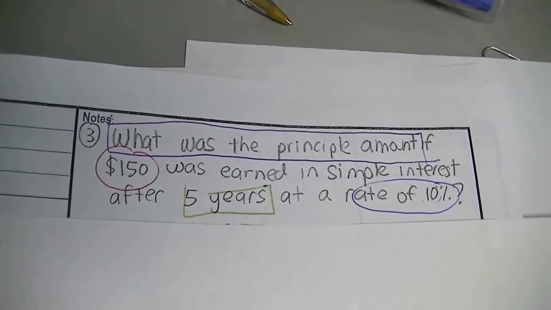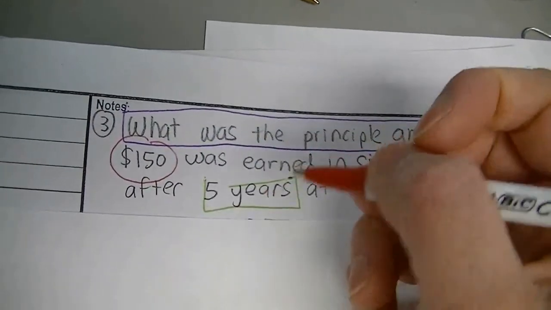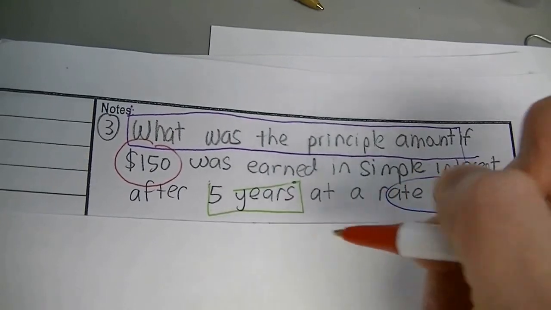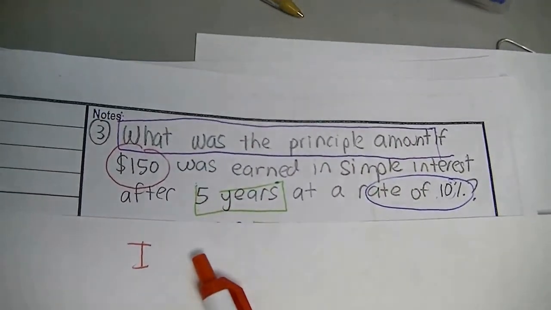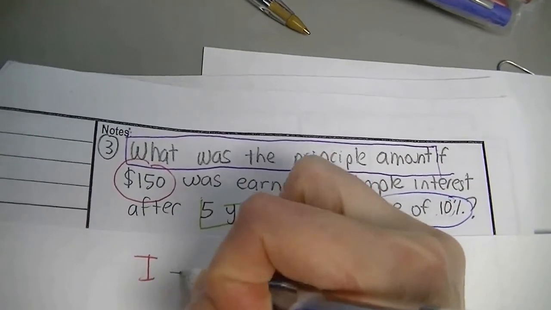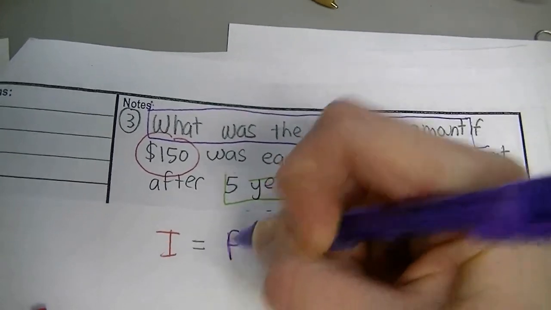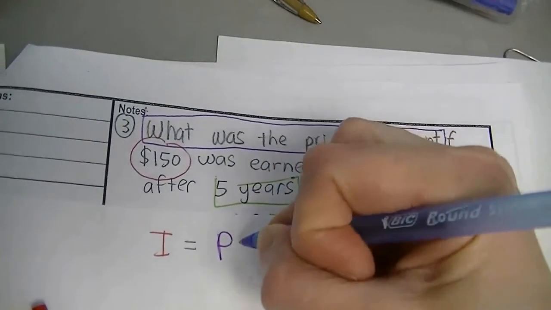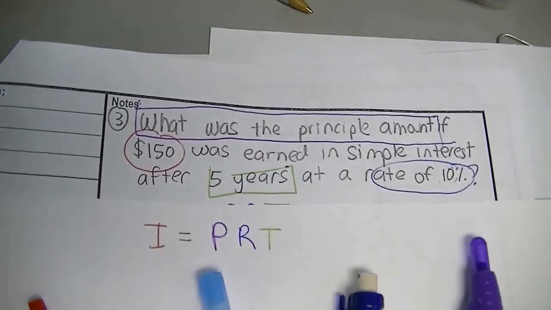So let's start off by writing out that equation for simple interest, and try and beat me. Write it down before I write it down, see if you have it memorized. It's going to take me a little bit longer because I have to scramble and find my colors here.